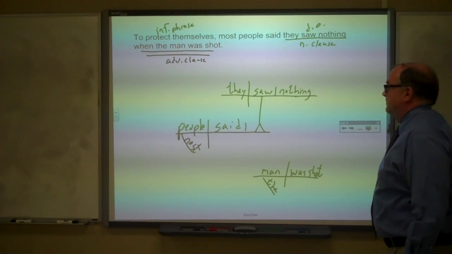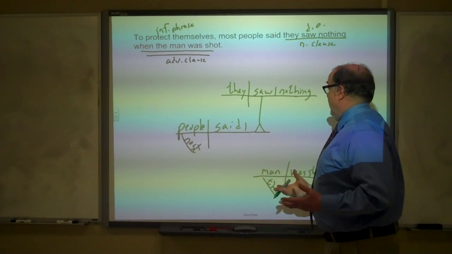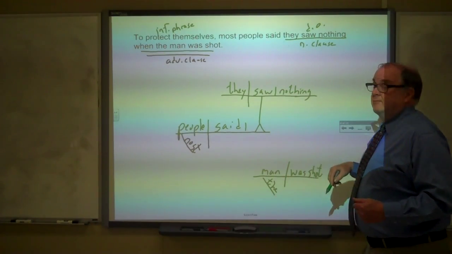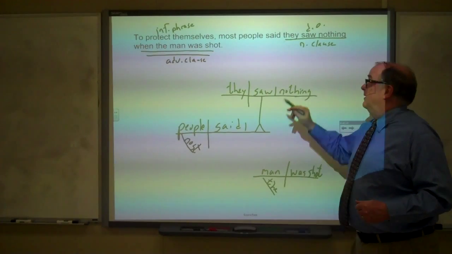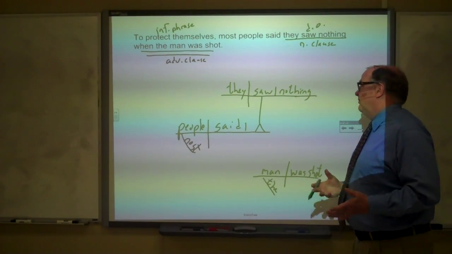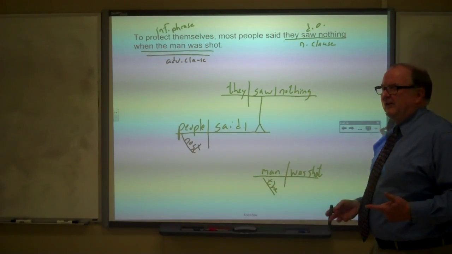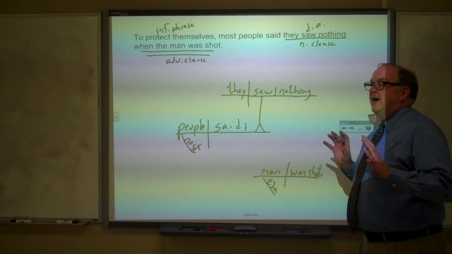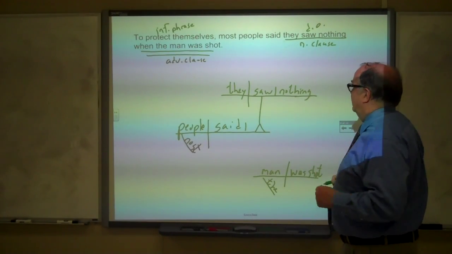And then remember, when the man was shot actually really modifies the saw in the clause. You might make a case that it modifies said, but if you think about it, they saw nothing when the man was shot. I mean, that was when the issue of seeing was.